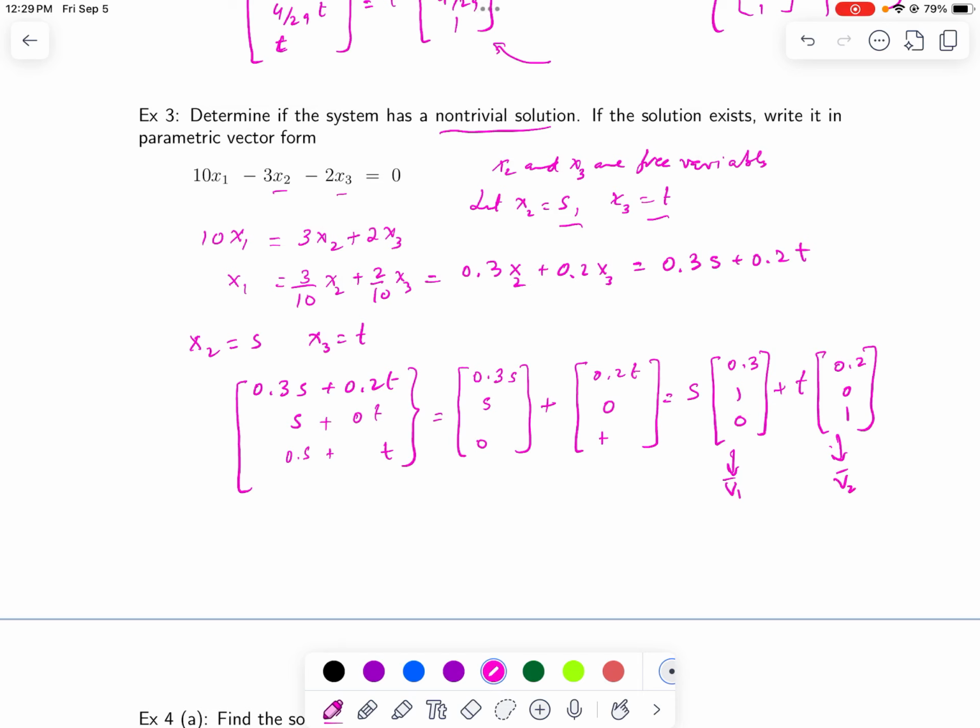So what does that mean? What is this thing that we have here? This is a linear combination of these two vectors. One I am calling v1 and the other I am calling v2.